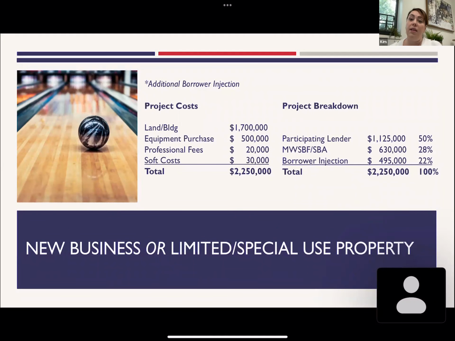And in this case, it's the same thing, except again, additional borrower injection, where they say, well, we want to put in 22% instead of the 15%. So that amount comes off of our portion, and the participating lender will stay at the 50%.